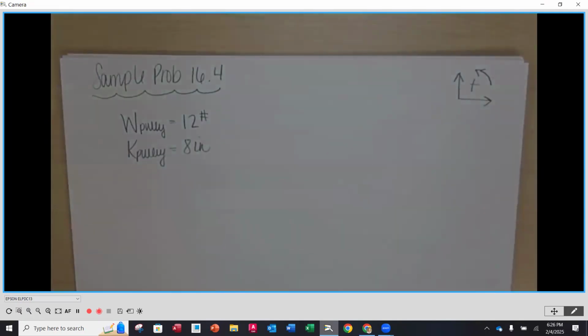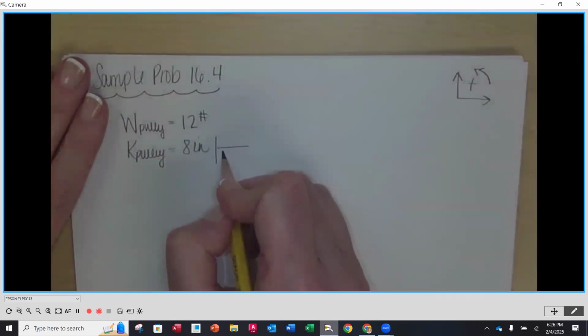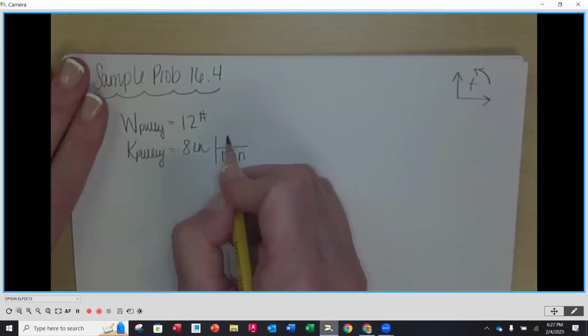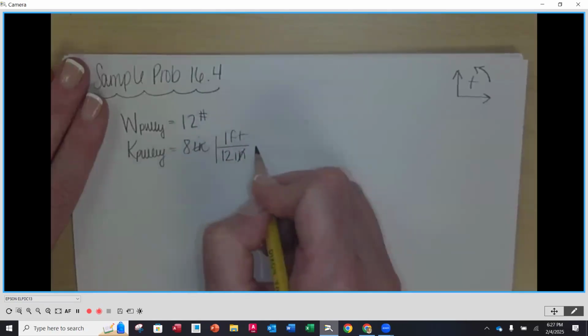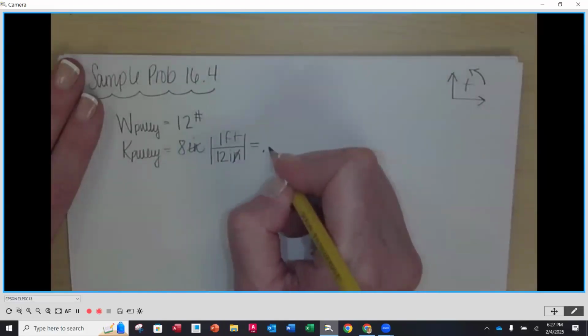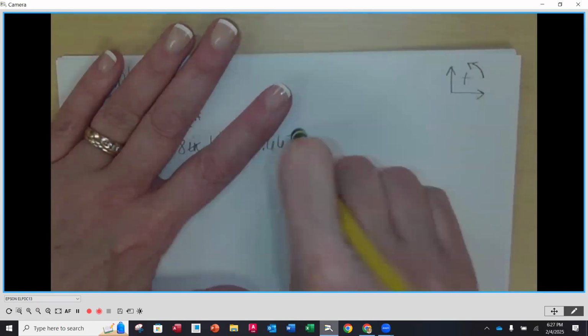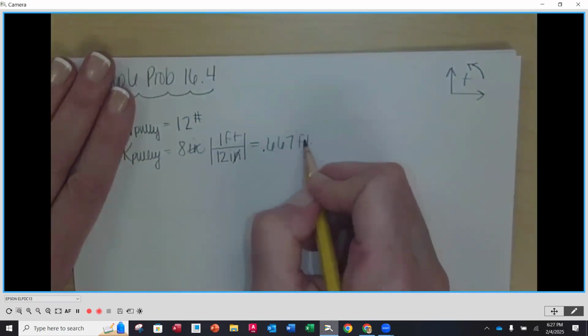Now, as we know, when we're working with English units, we want to have our distances all in feet. So we would do a quick conversion here. We would say 12 inches in 1 foot, and this radius of gyration is going to be equal to 0.667 feet.